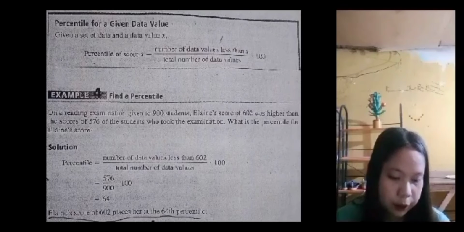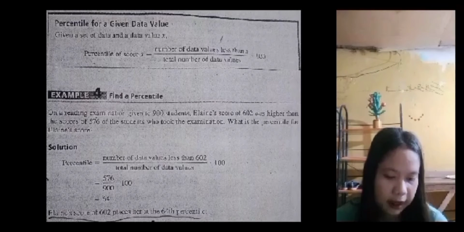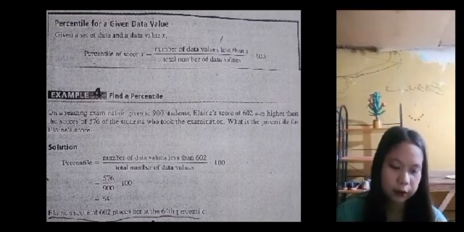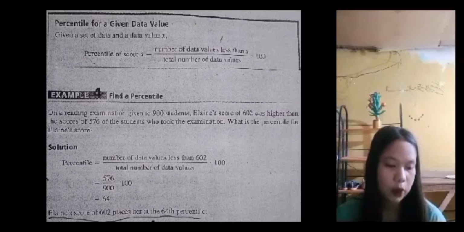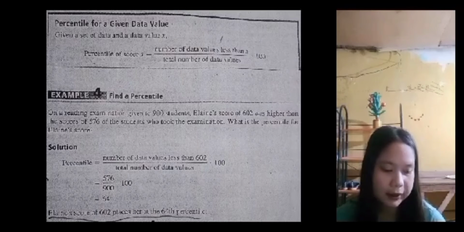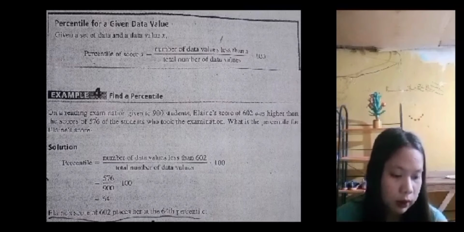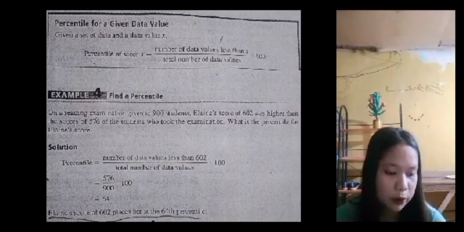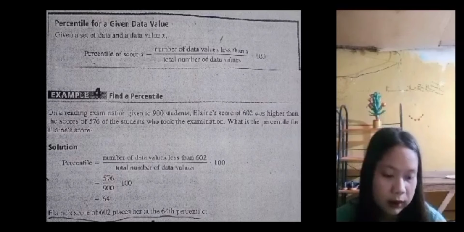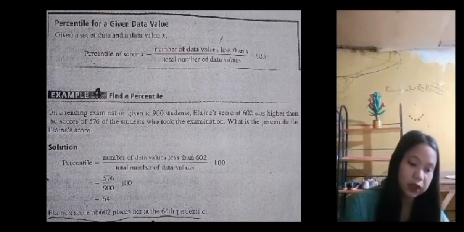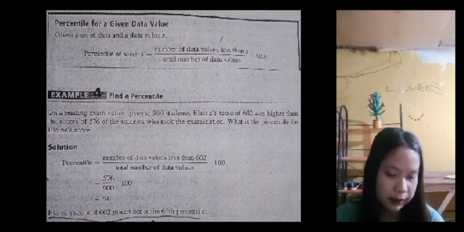So, ito po yung given data. Percentile equals number of data values less than x. So, ang x po ay yung higher. So, Elaine's score of 602 was higher than the score of 576. So, ang x po natin ay 602 kasi yan po yung higher. Sa baba naman po is total number of data values times 100.